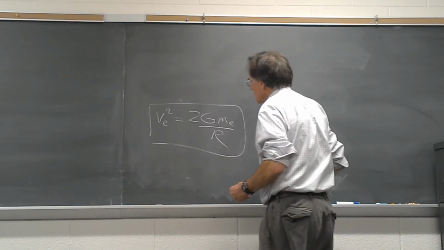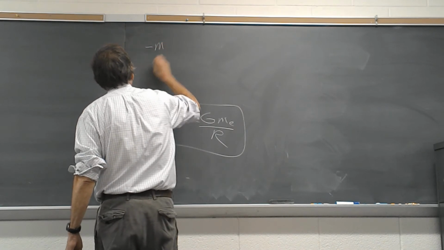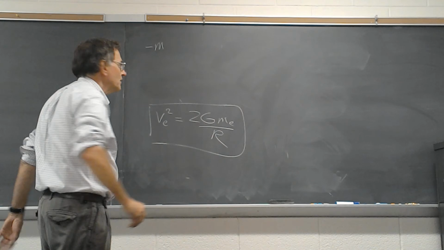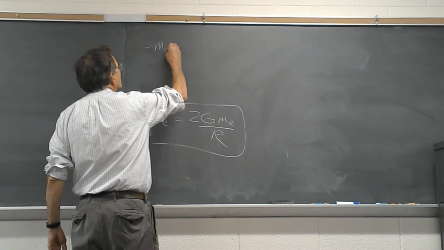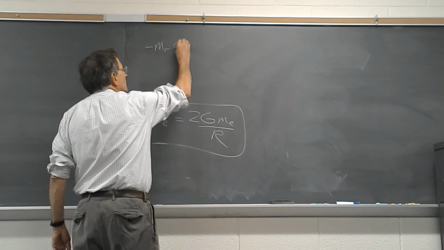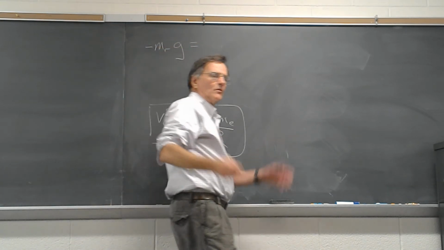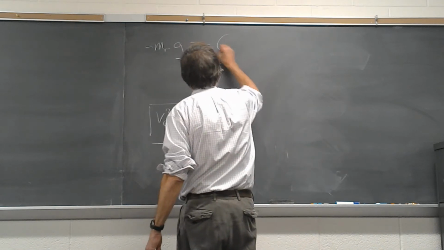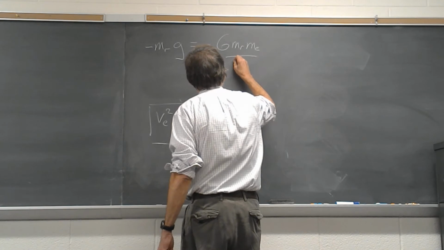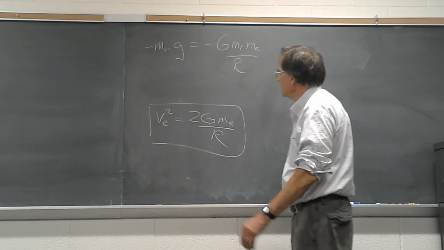I can think about the force of gravity at the surface of the Earth on that rocket two ways. It's pulling down, say I shoot it off from the top of the Earth. It could be seen as minus mr times little g, or from the universal law of gravity point of view as minus big G mr me divided by r squared, the radius of the Earth squared. This is at the surface of the Earth, so that's good.